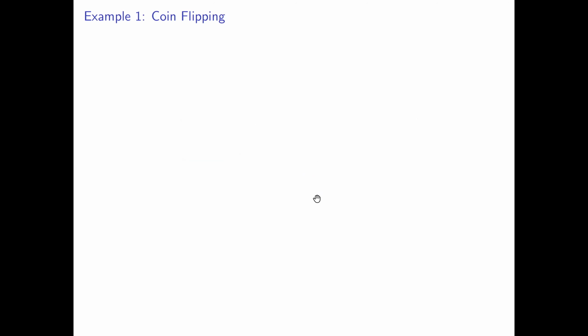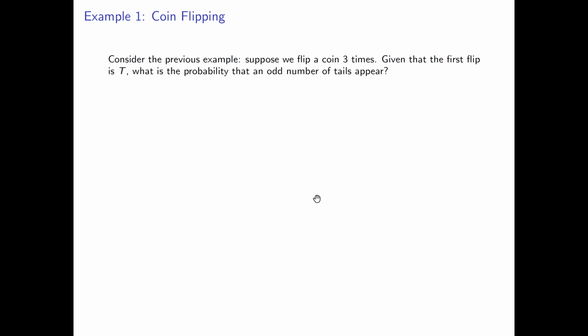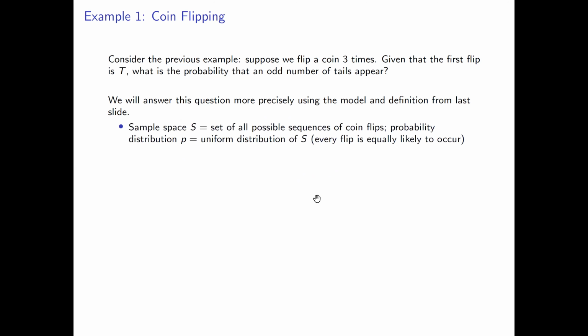Right, and so let's return to the coin flipping example where we flip a coin 3 times in a row, and we're assuming that the first flip is tails. And we want to calculate the probability that an odd number of tails appear. And so let's do this more precisely using the definition that we just saw in the last slide. In this case, our sample space is the set of all possible sequences of coin flips where you have 3 flips in a row.